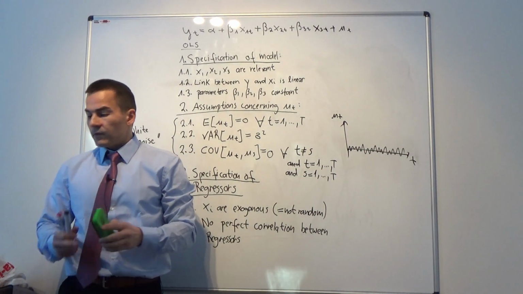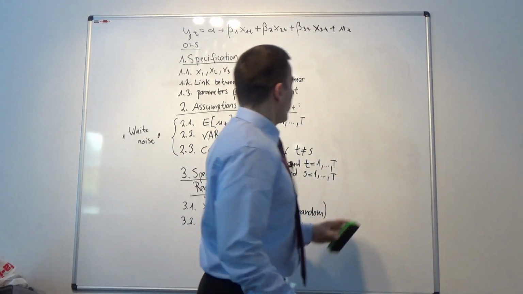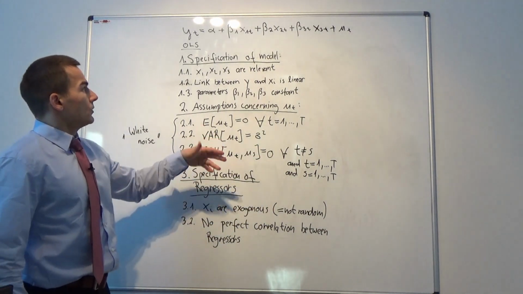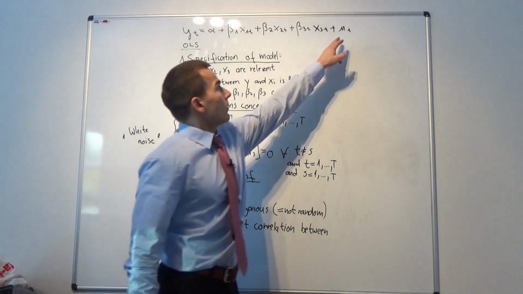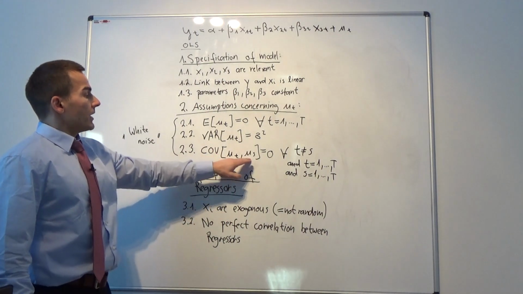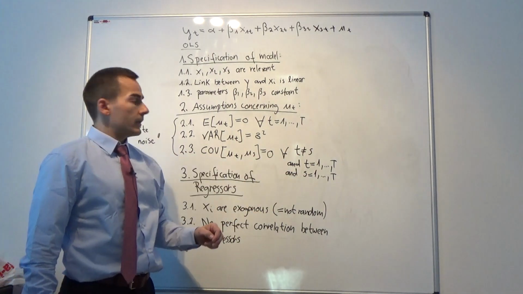So the next assumption concerns the covariance. The covariance between two errors, let's say between ut and us, should be 0 for all t unequal s.